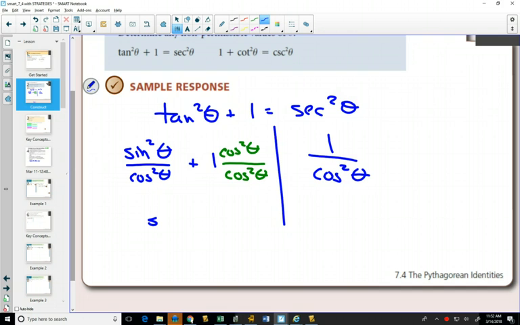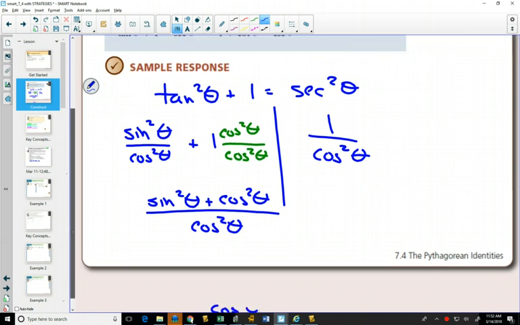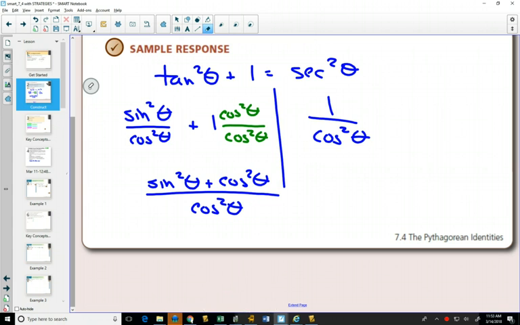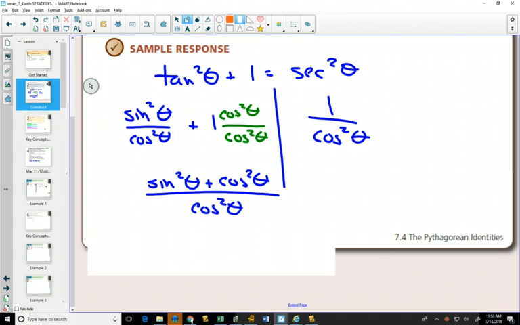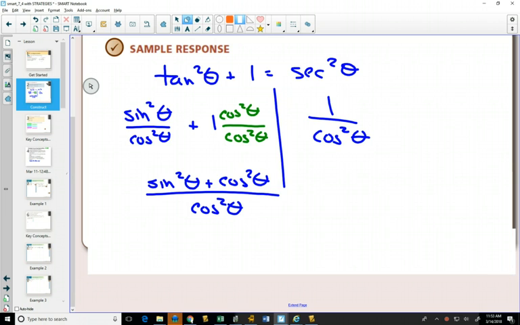And I get sine squared plus cos squared all over cos squared. I now have the left side as a single fraction as well, but they're not the same. So now I have to look, is there anything else I could do?